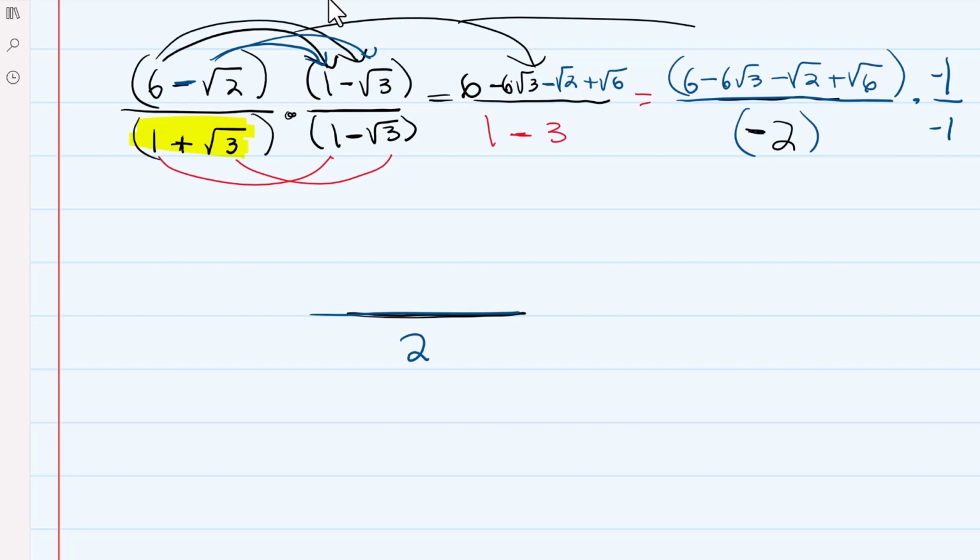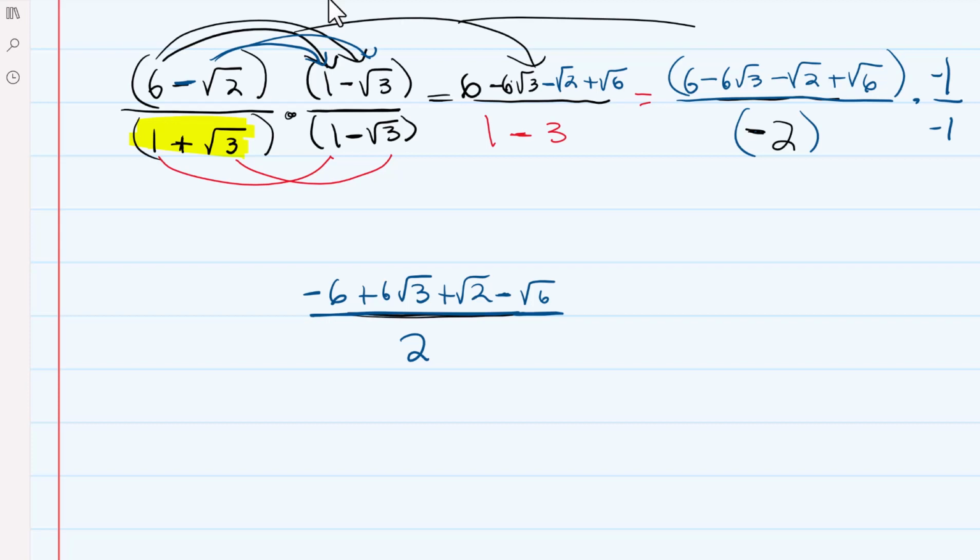So now 6 times negative 1 is negative 6. Negative 6 root 3 times negative 1 is positive 6 root 3. Negative root 2 times negative 1 is positive root 2. And positive root 6 times negative 1 is negative root 6. And this is as simplified as it gets.